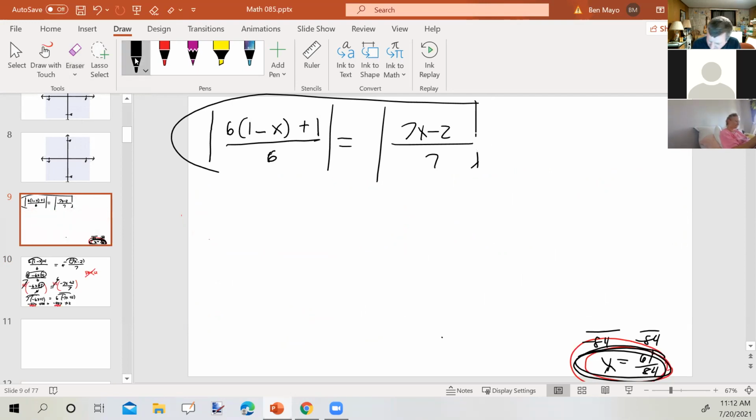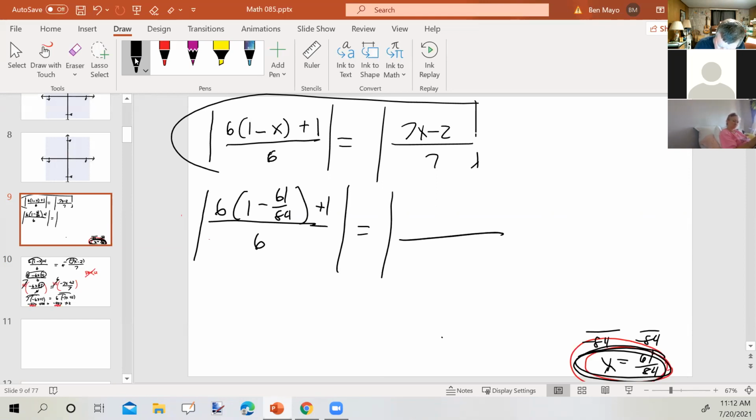All right. So I'm going to take 61 over 84 and put it in the place of x. So that's going to give me this. 1 minus 61 over 84 plus 1 equals 7 times 61 over 84 minus 2.